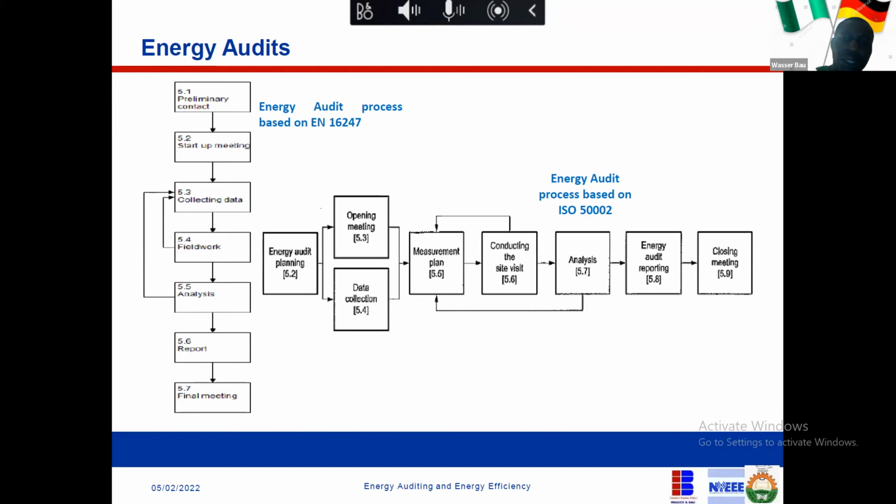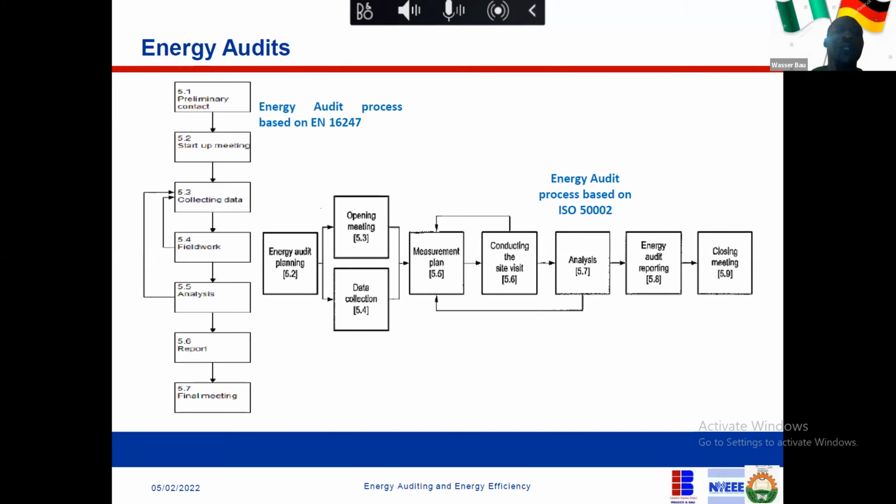You meet the MD, you meet the site manager, you meet the line manager, you tell him, look, I learned you are paying a whole lot on your energy bills. I think it's time we do an audit so that we know where we can identify, where we can improve, where we can conserve, where we can implement energy efficiency processes and systems.